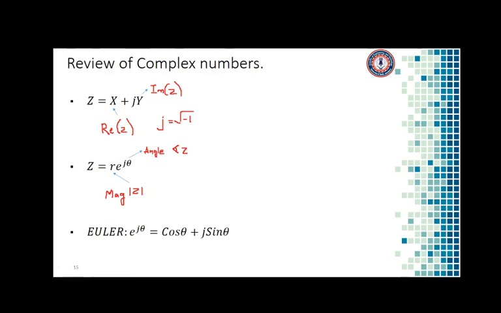Here cos is the real part and sin is the imaginary part. If I have a point out here, I can call it x plus jy, or I can call it r e power j theta. Those are equivalent ways of talking about the same complex number z.